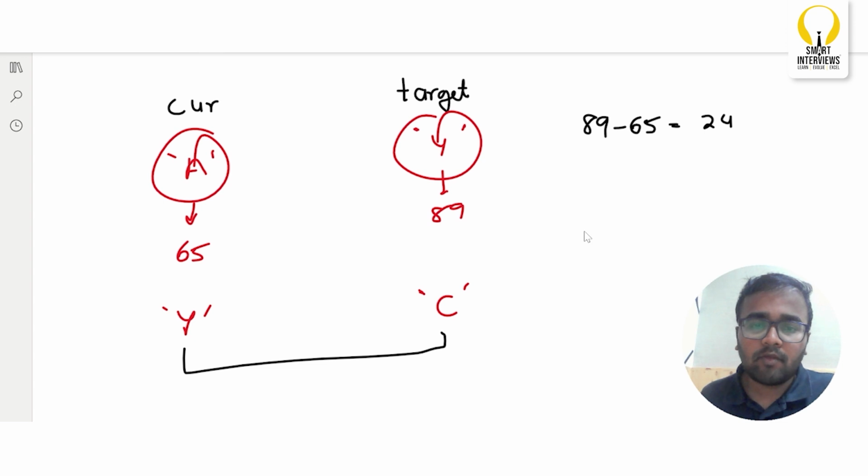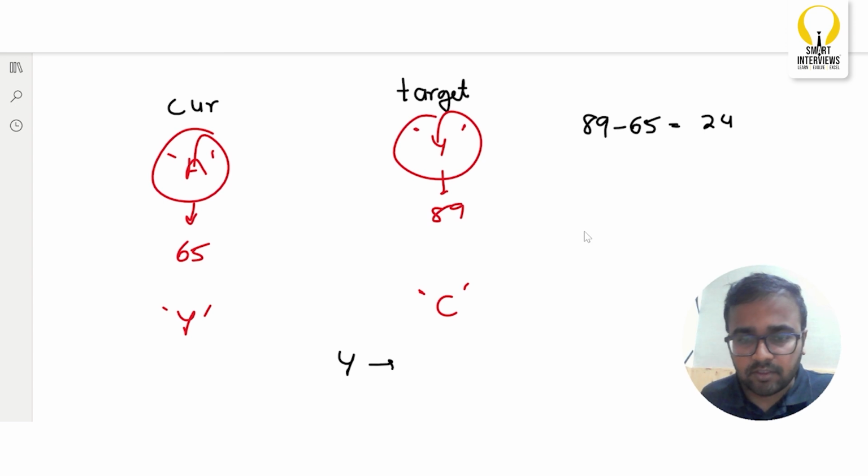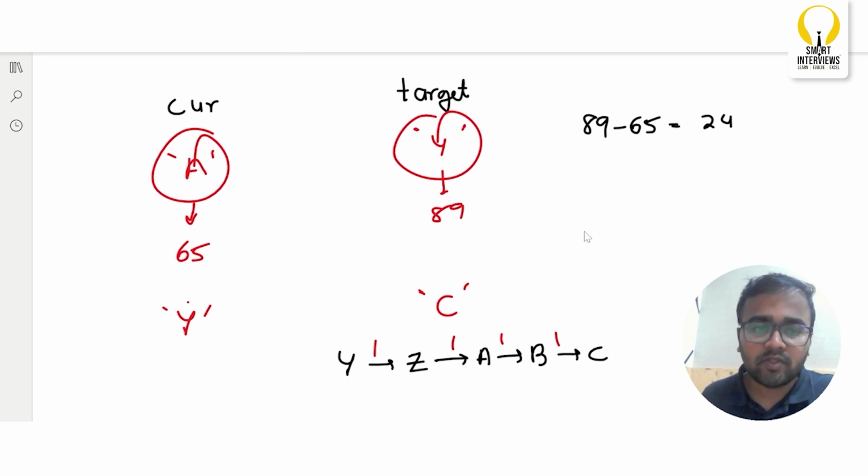To convert Y to C, you should first cross Z. So first you go from Y to Z, then Z to A, A to B, then B to C. So this is the number of steps: 1, 2, 3 and 4. In 4 steps you can convert Y to C. So how will you solve this?